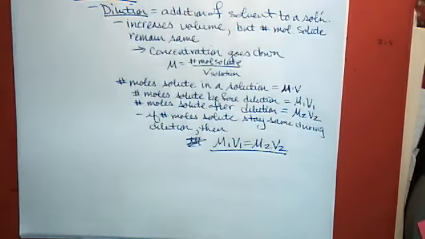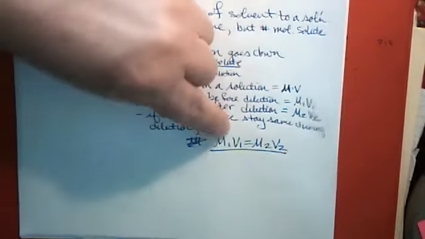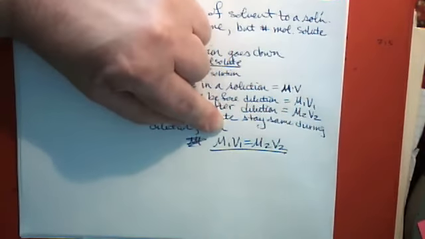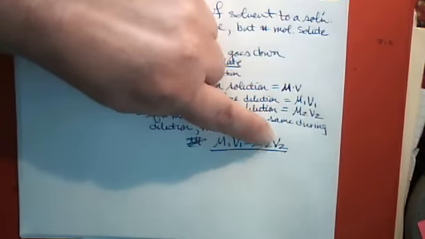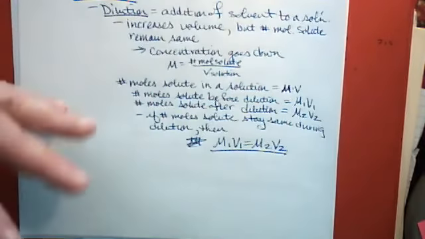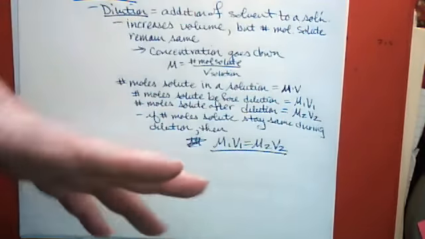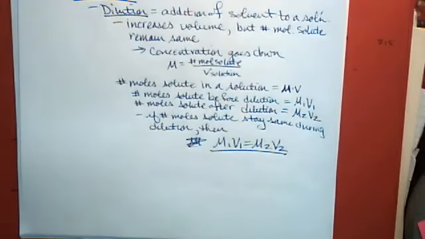So M1V1 is just the moles of solute before a dilution. M2V2 is the moles of solute after a dilution. But because M1 is the concentration and V1 is the volume, they will both change during the dilution. But molarity times volume will still be the same as it was before.